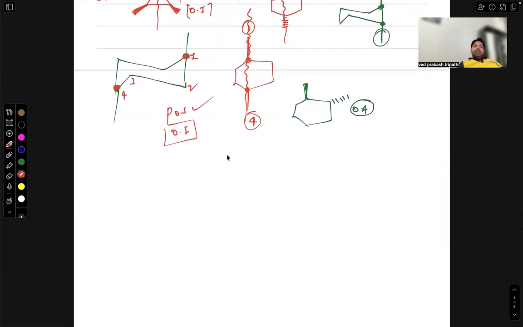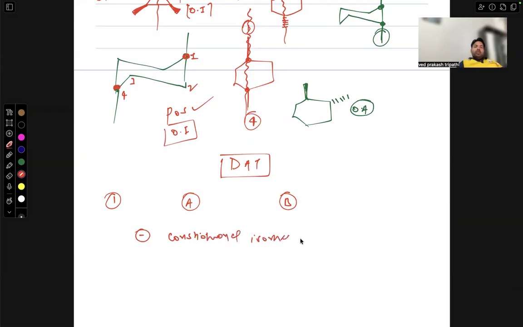You know, in the DAT, four types of stereochemistry questions are very common. The very first question, whenever you have any isomers, suppose A and B, look at the options. If any of the options have a constitutional isomer, then do not neglect the option. Always compare the molecular formula.